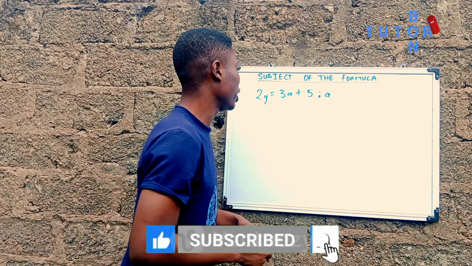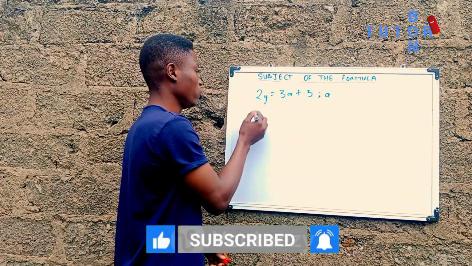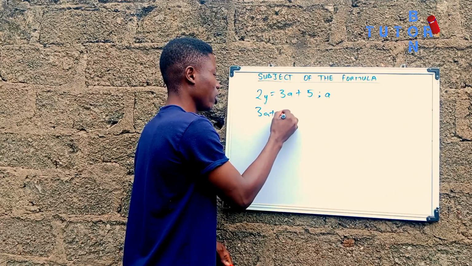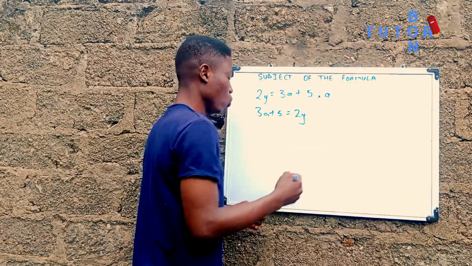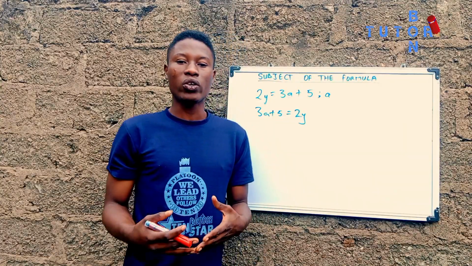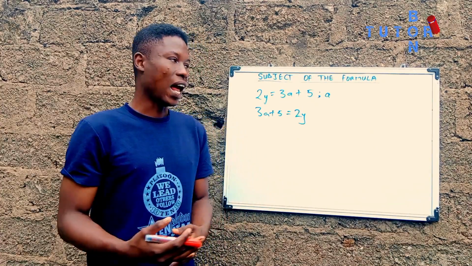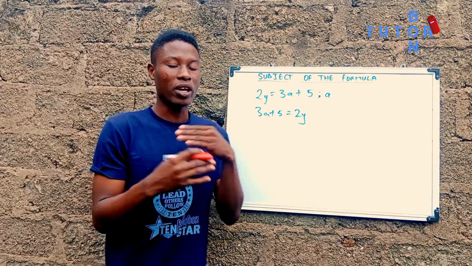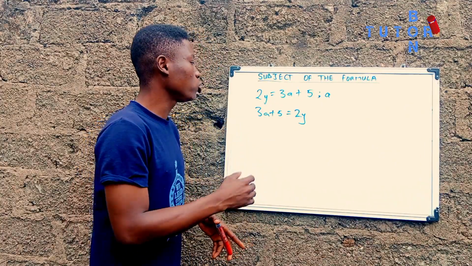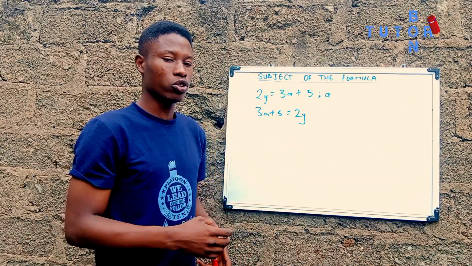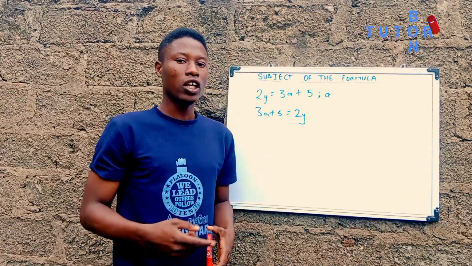I like rearranging my equation, bringing this to this side, having 3a plus 5 equals 2y. Because when I want to express any variable in terms of the others, I like it to be on this side so there won't be any confusion. So I'll be able to transfer any other variables or any other numbers to the other side.